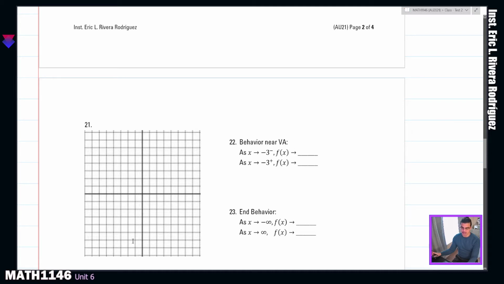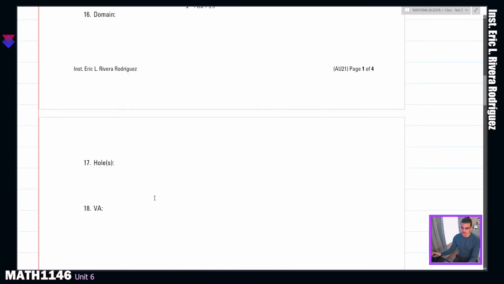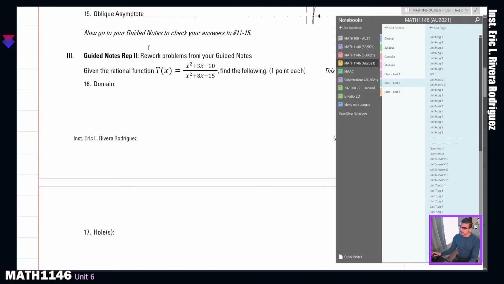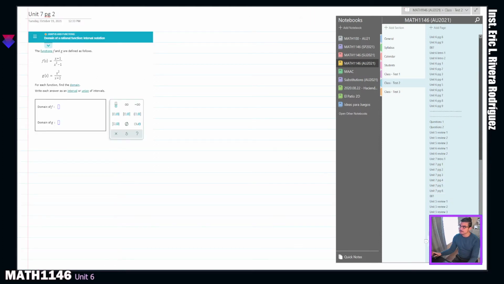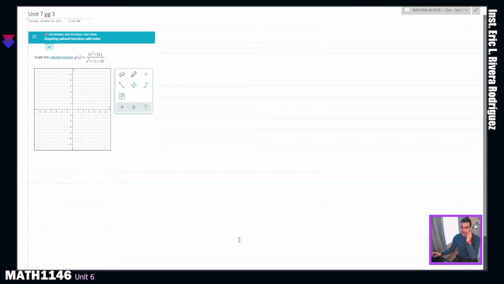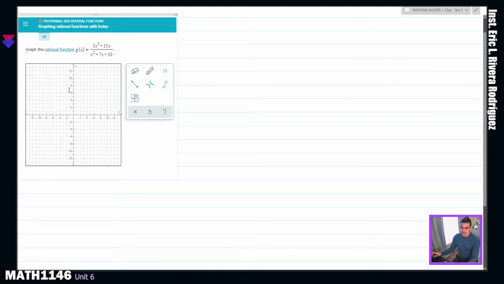And with that, you can then determine or draw the graph of the function. That's what we are going to do here. We are going to follow these steps: domain, holes, vertical asymptote, horizontal asymptote, oblique asymptote, intercepts, and so on, to do the graph.